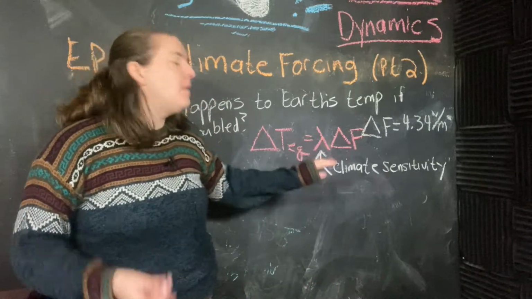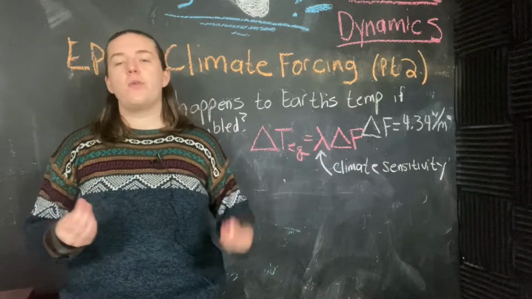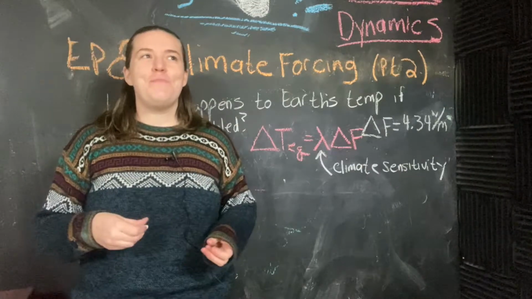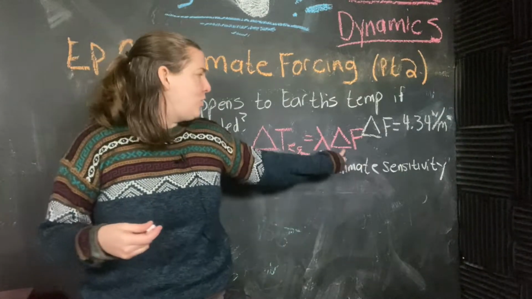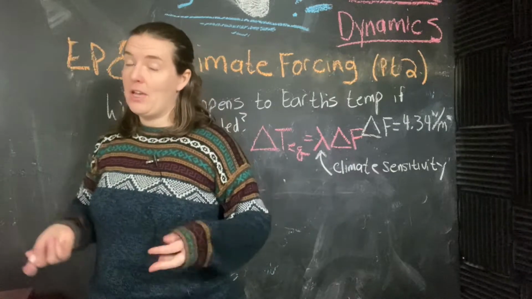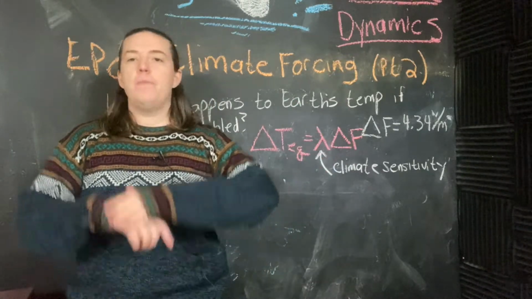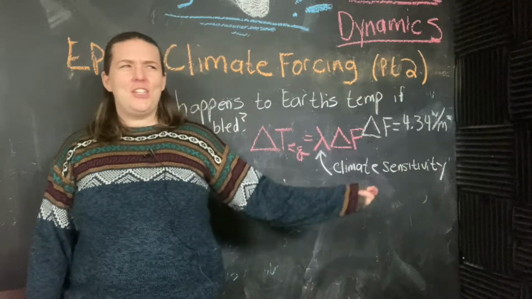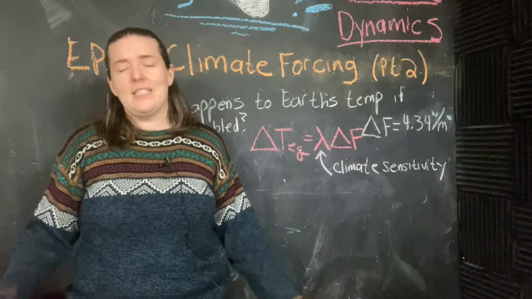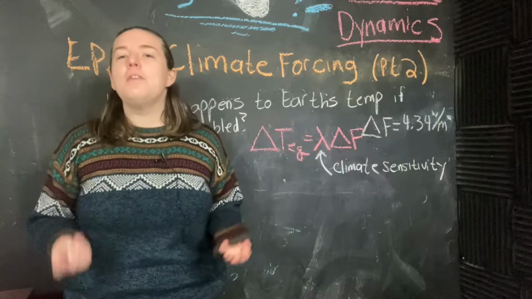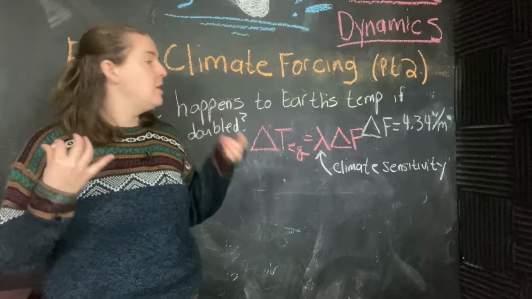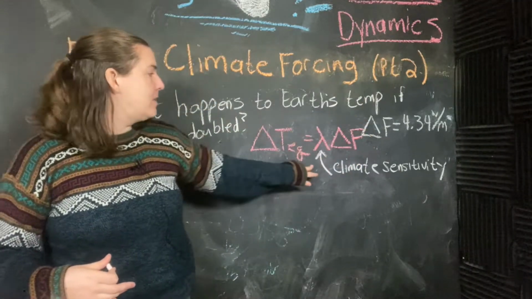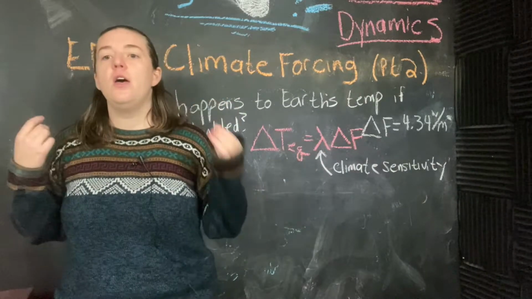We would use the same climate sensitivity parameter if we wanted to figure out how much the temperature changes because of a change in forcing from a Milankovitch cycle, from a volcanic eruption, from, I don't know, replacing all of the oxygen in the atmosphere with sulfur dioxide? That's a bad idea, don't do that. But the point is, no matter what is doing the forcing, Earth's climate is sensitive in the same way.